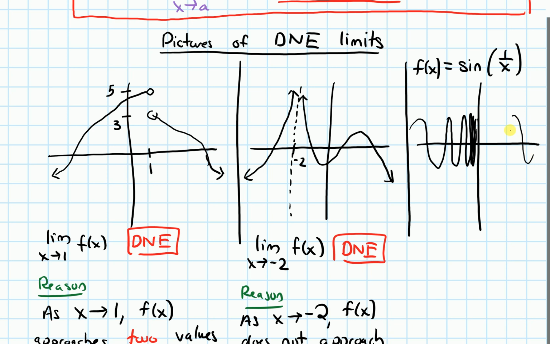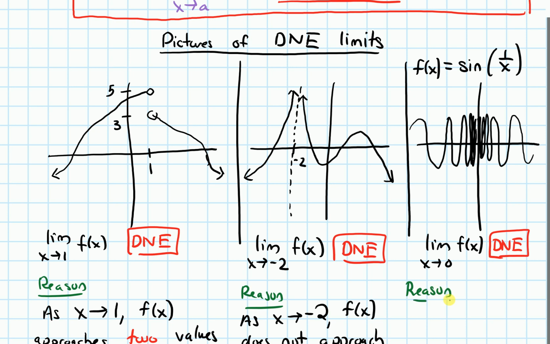It starts off slow, but the closer and closer to 0 you get, the faster it oscillates. So the limit as x approaches 0 of f of x in this graph also does not exist, but there must be a reason, just like with the other two graphs. So what is the reason here?